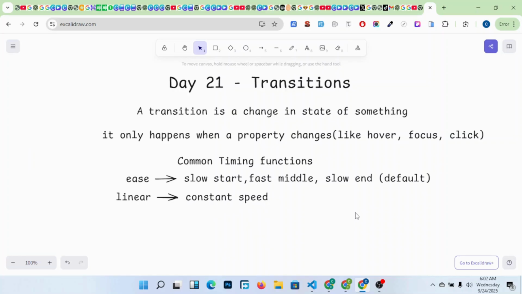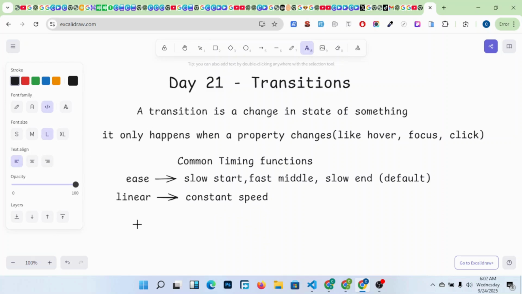Okay. So we have another one, it's called ease-in. Members are going to use all these things as time goes on. If you have a piece of paper, please note this down.